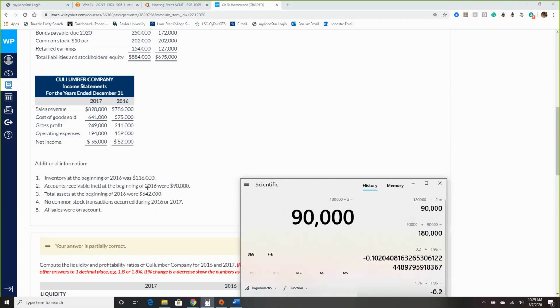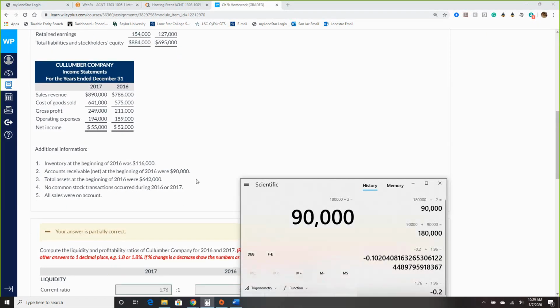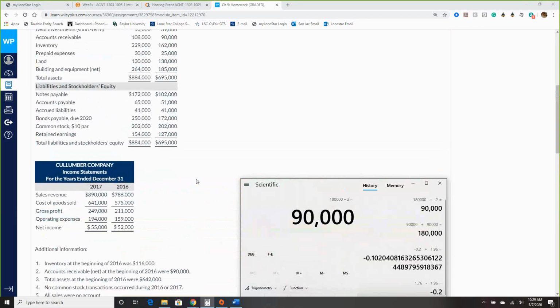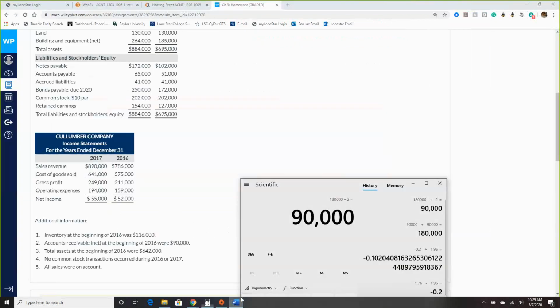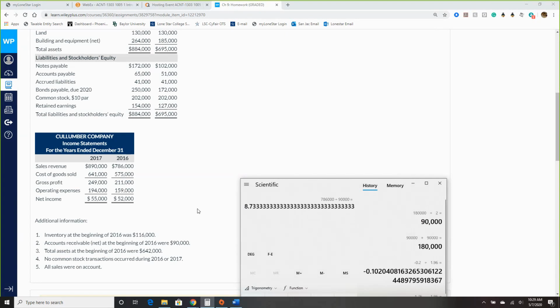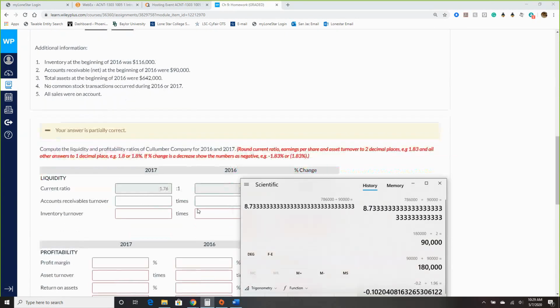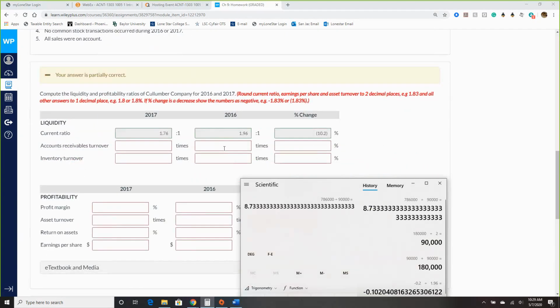They could have done a little bit better for that. Alright. So net credit sales, 76,000 divided by average accounts receivable, we have 8.73.